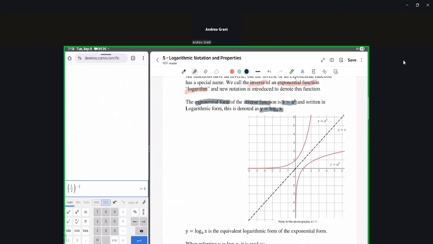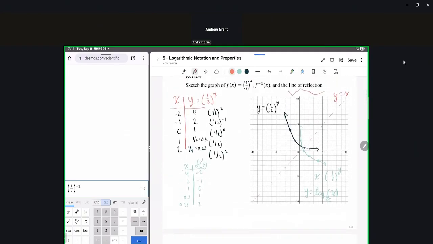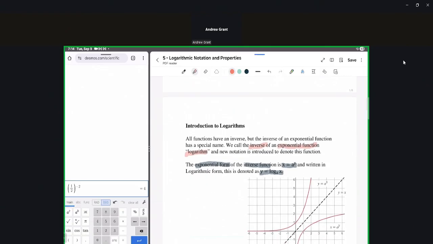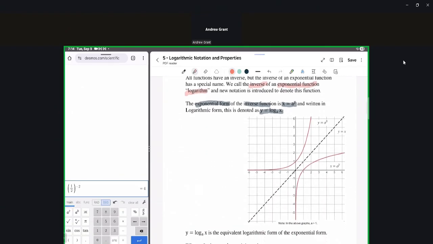Okay. So again, here was the graph of what we had from the lesson last time, where this was the generic y is equal to a to the power of x, where a is greater than 1. Here, this function looks a little bit different because we had a base of the exponential between 0 and 1, so it causes a reflection instead. But this is what they happen to look like.